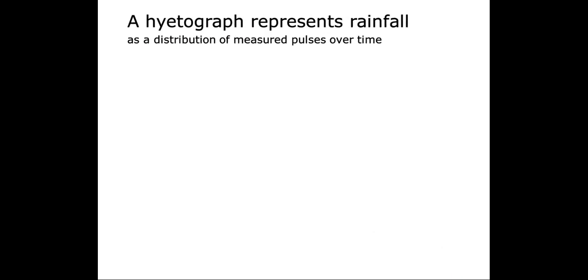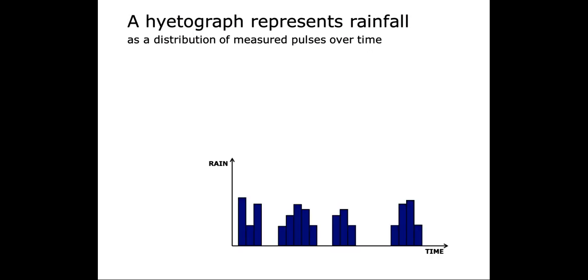Let's first recall a little concept of rainfall, namely the hydrograph. A hydrograph represents the rainfall as a distribution of measured pulses over time and would look a little bit like this. Now, every bar on this graph actually represents an amount of rainfall or a rainfall rate during a certain period.